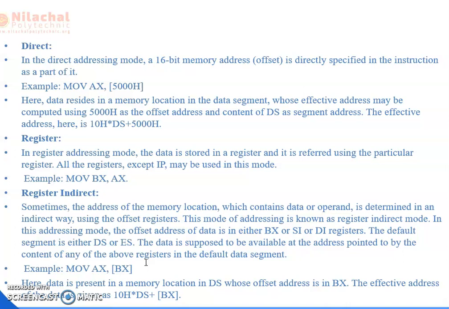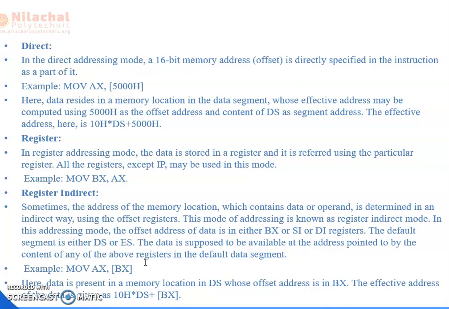So next one is register indirect addressing mode. Sometimes the address of the memory location which contains data or operand is determined in an indirect way using the offset registers. This mode of addressing is known as the register indirect mode. In this addressing mode, the offset address of data is in either BX, SI or DI register.